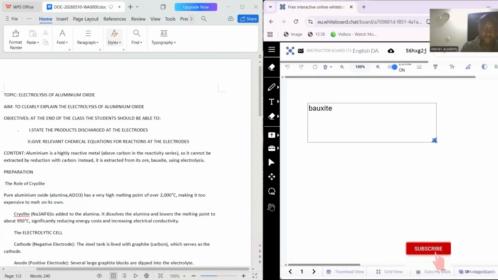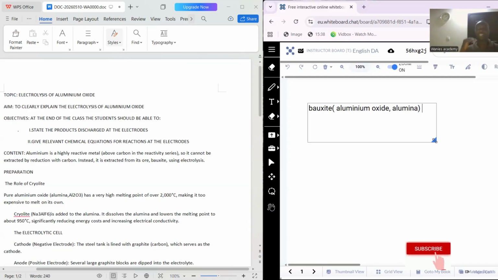This is the ore from which aluminium is extracted. Due to its high reactivity, we extract aluminium from its ore, bauxite, or aluminium oxide or alumina, by electrolysis. So take note of that.